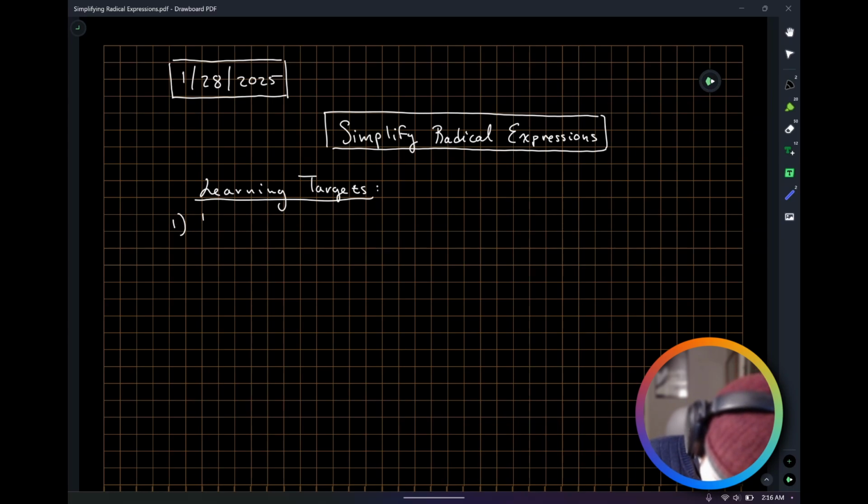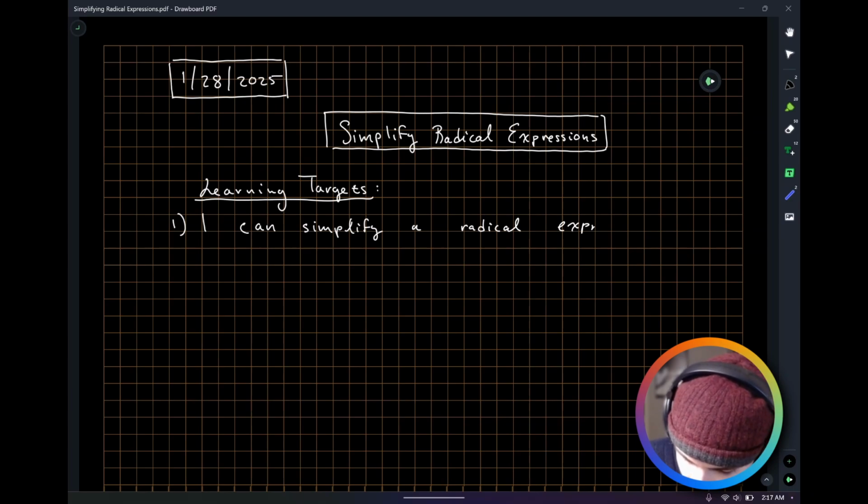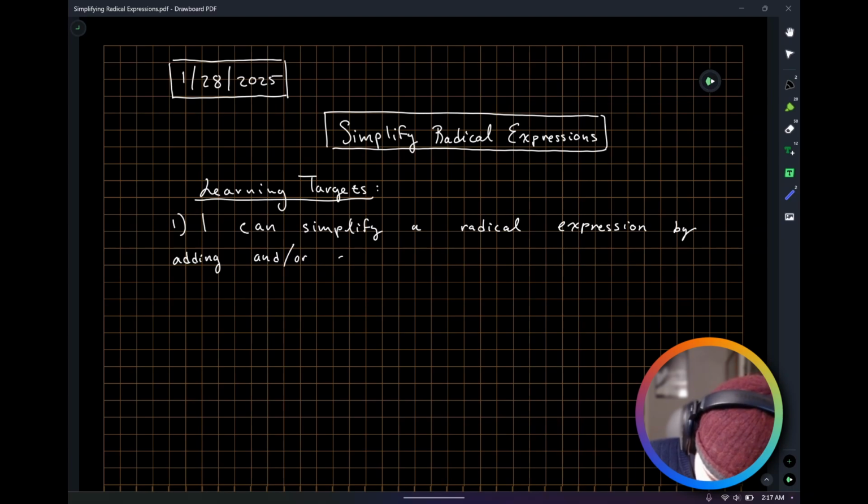First, I can simplify a radical expression by adding and/or subtracting like terms.